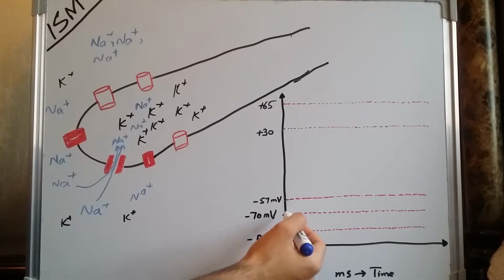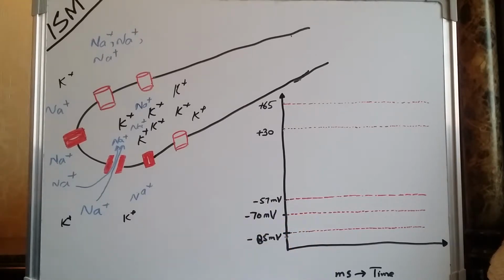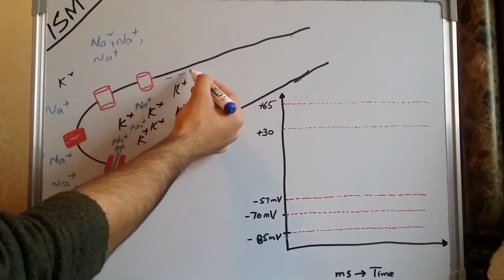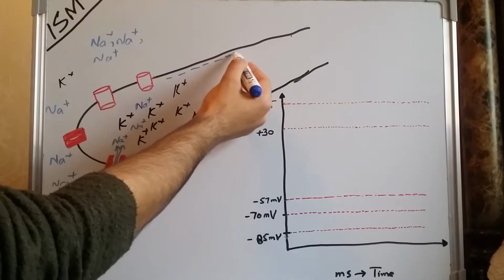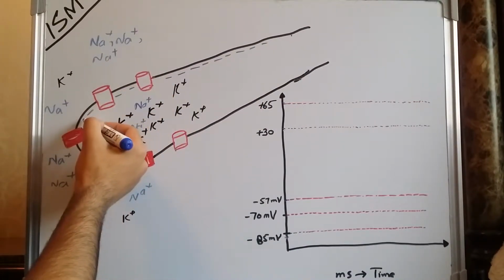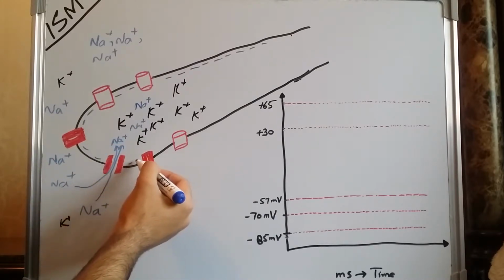But here, as I mentioned, minus 90 is the resting membrane potential. At this level, the membrane is negative inside and positive outside.